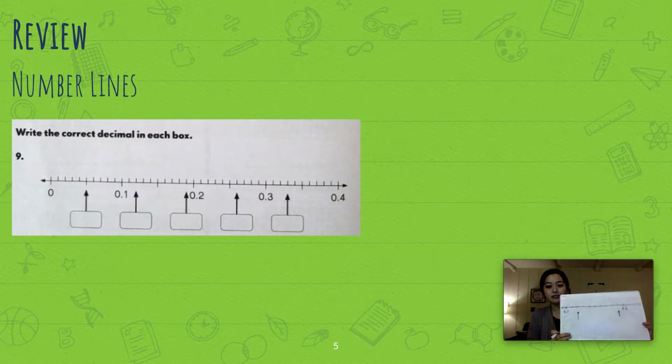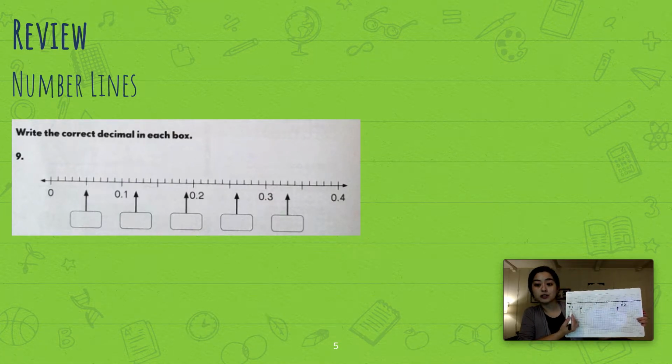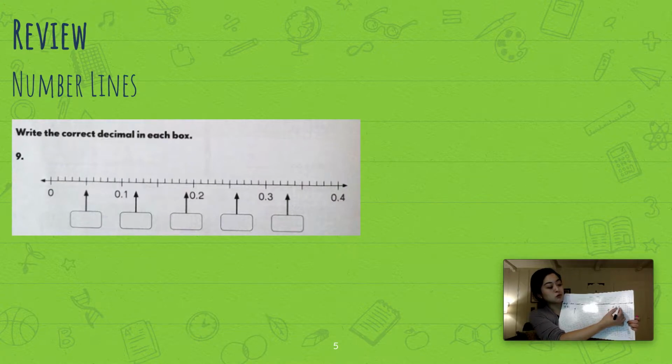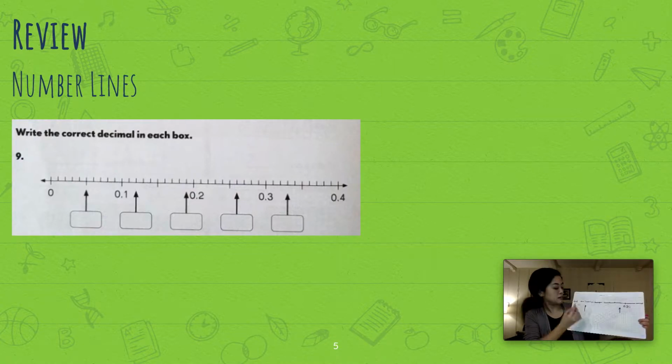Let's look at the next part of the number line between 0.1 and 0.2. 0.1 is 1/10, the same thing as saying 10 hundredths. 0.2 is the same thing as saying 2/10 or 20 hundredths. And there are 10 equal intervals between 10 hundredths and 20 hundredths.